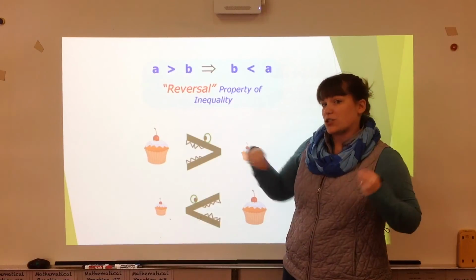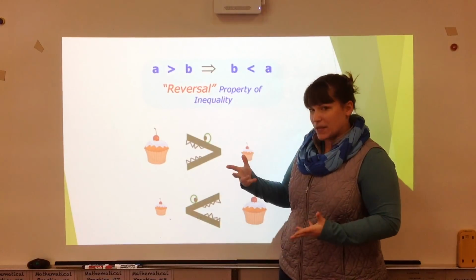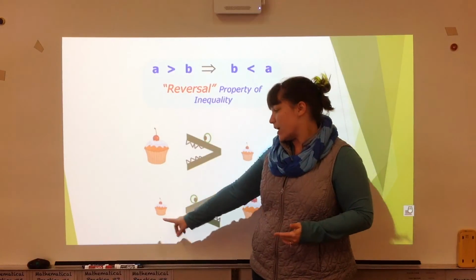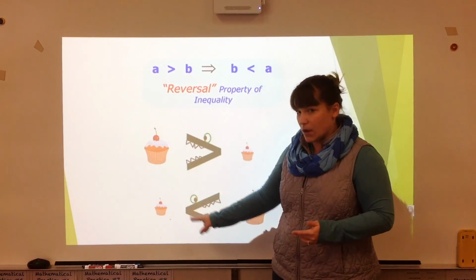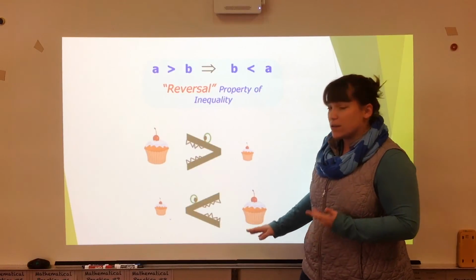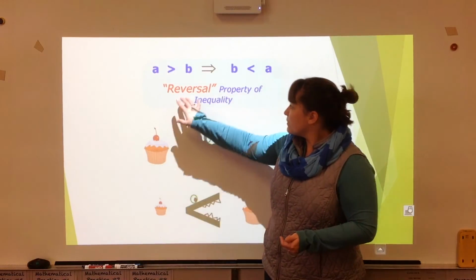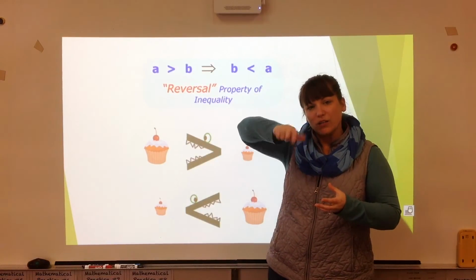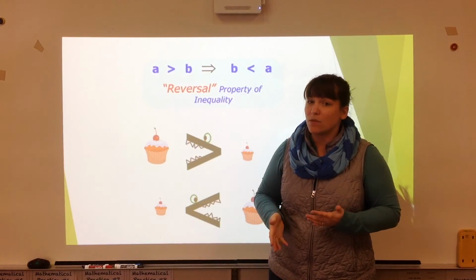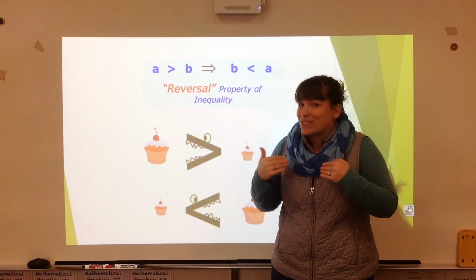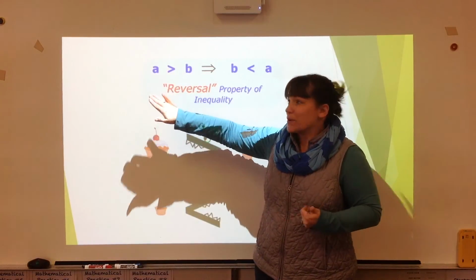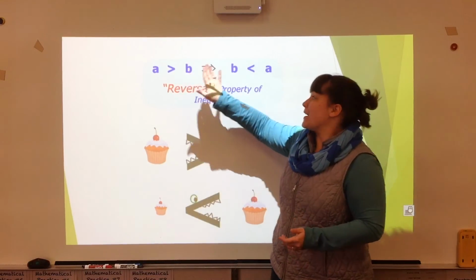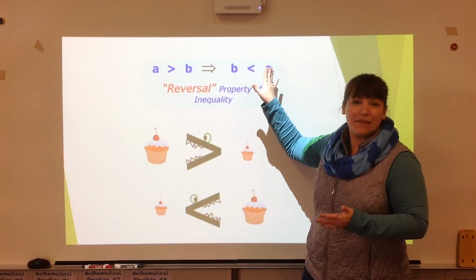If we literally change the position of the cupcakes, we can use the other symbol, the less than symbol. And we could say that the smaller cupcake is smaller than or less than the larger cupcake. So that's the reversal property. We could change the order of the numbers and use a different inequality symbol, and they are the same thing. If you use numbers, 5 is greater than 4, or you could say 4 is less than 5.